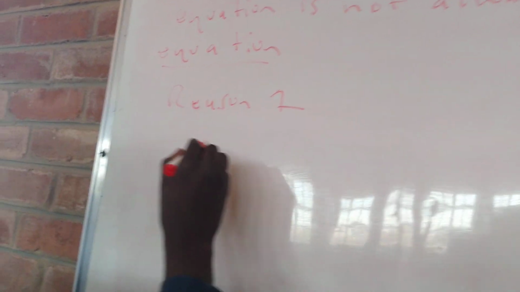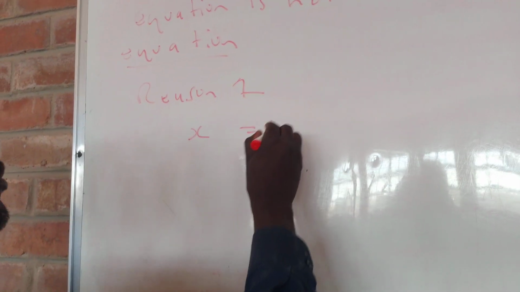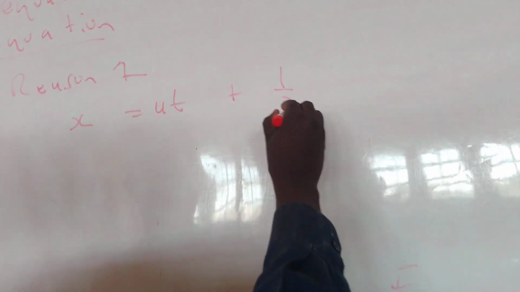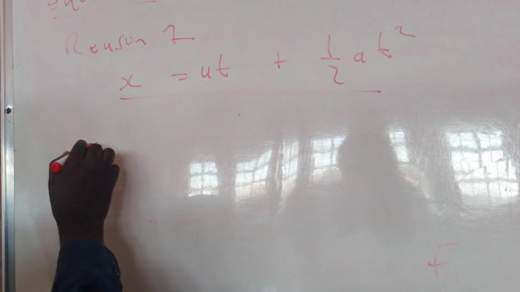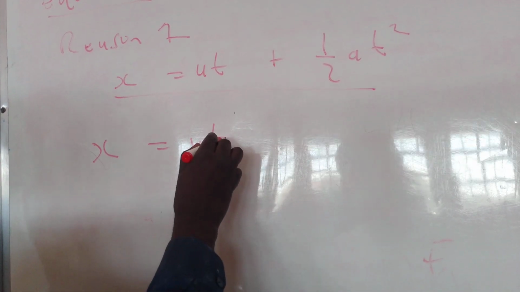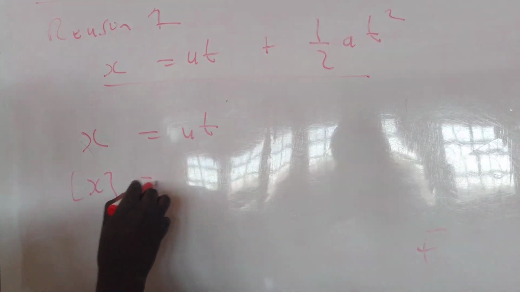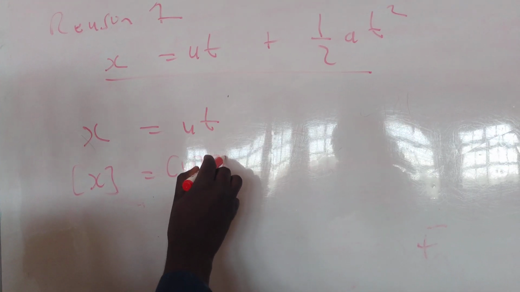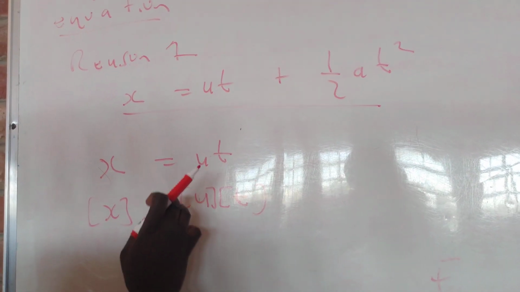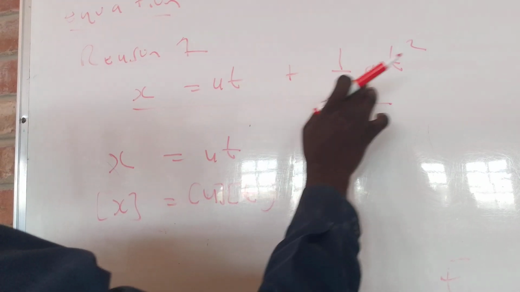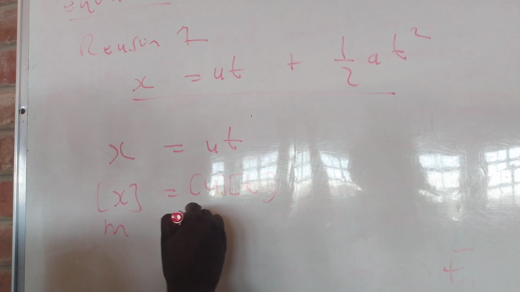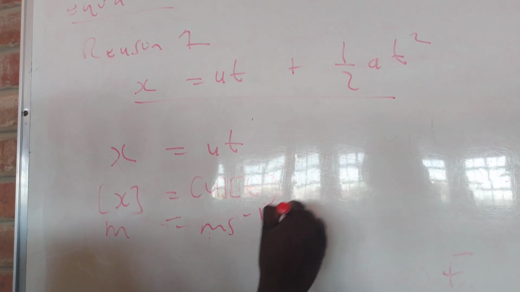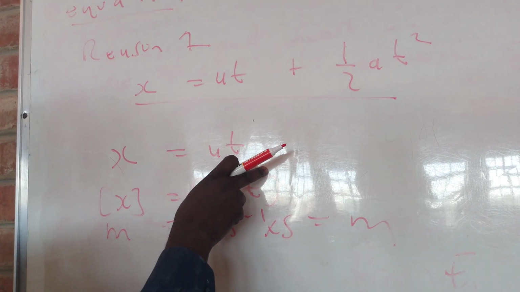Suppose our original equation is x is equal to ut plus half at squared. This is our original equation. Then somebody says the actual equation is x is equal to ut. This equation is homogeneous. u is the linear speed, t is the time, so this is in meters per second times second, which is in meters. Therefore, this equation is homogeneous.